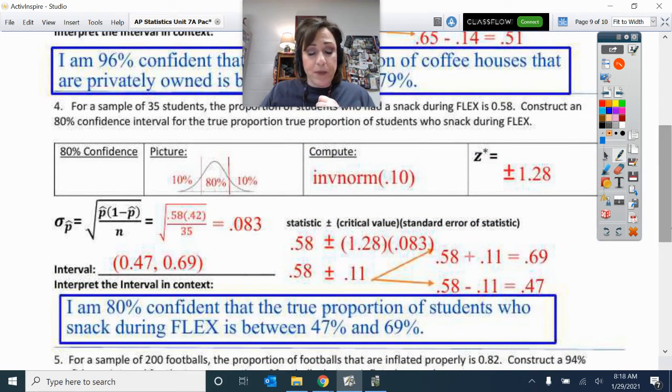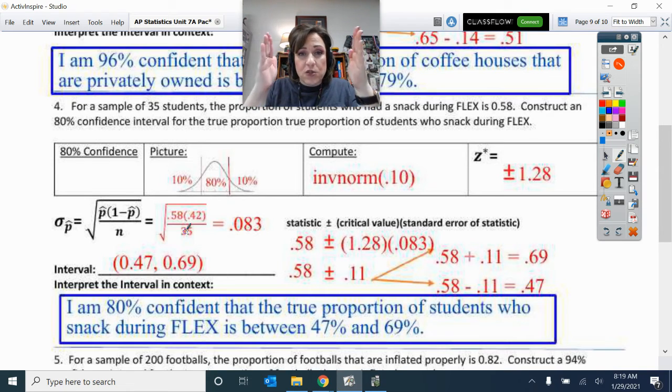Next, I am 80% confident, so this one's smaller, that the true proportion of students who snack during flex is between 47 and 69%. So our interval is smaller, okay? Think of it this way, because it's important: a smaller confidence level makes a smaller interval because those z-stars are smaller, see? But as you have a higher confidence level, your interval is bigger.